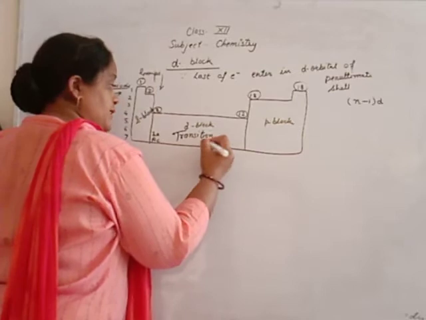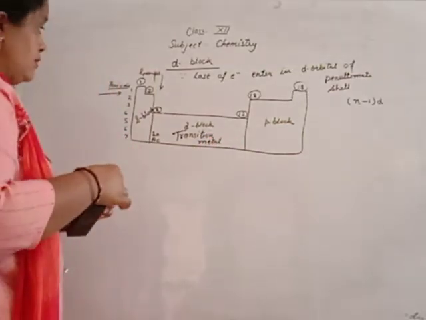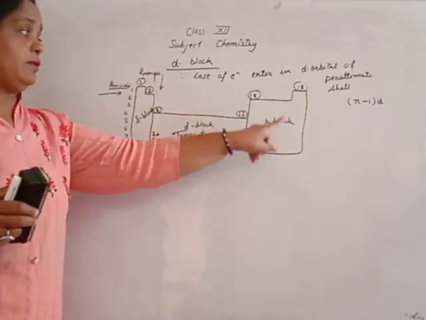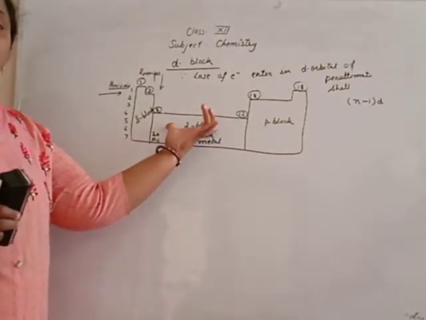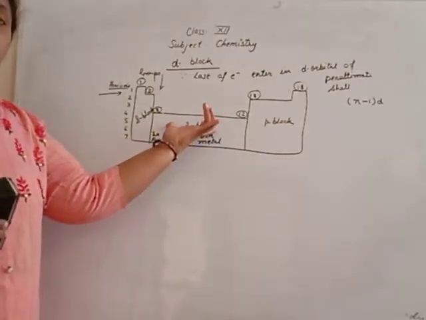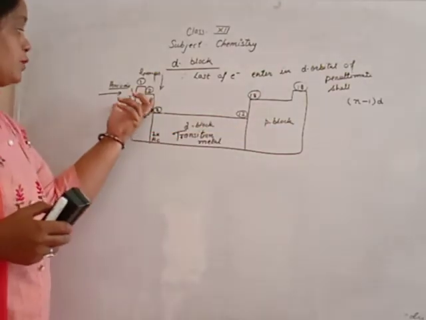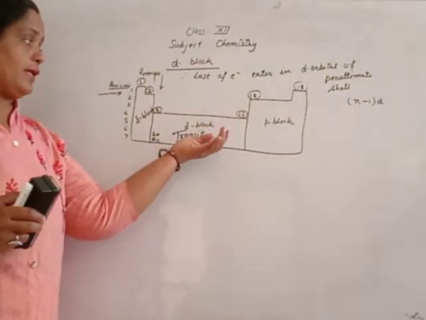Why are they known as transition elements or transition metals? Reason, beta, because these are present between the s block and p block elements. So these elements have intermediate properties of s and p block elements. The s block is most electropositive and the p block is least electropositive, and they are present between them.